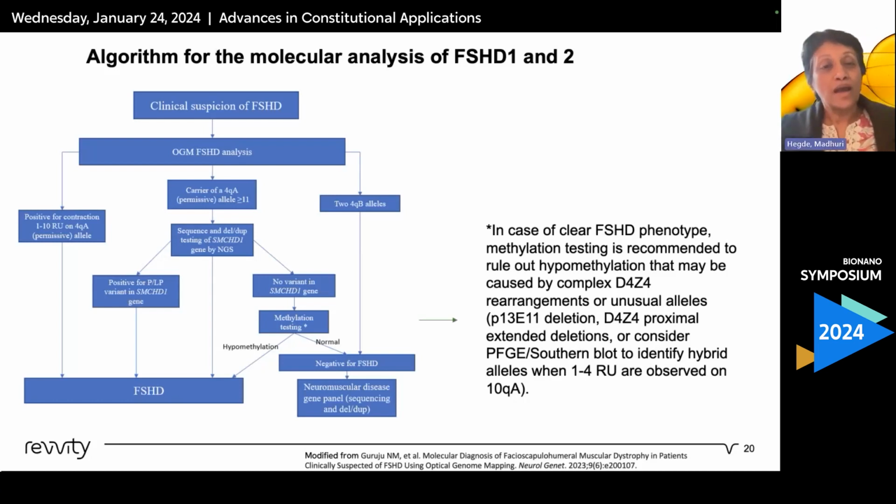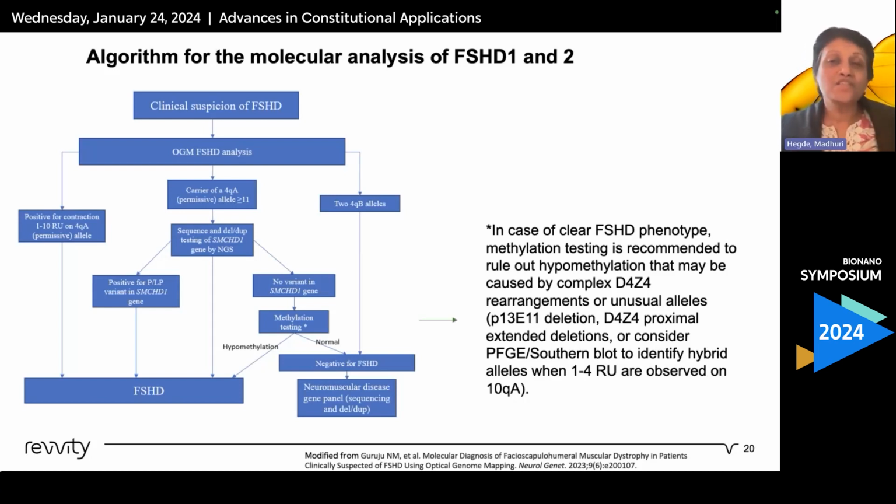Then if you have no variant in that gene, then methylation testing becomes important. Now, if there are 2 4QB alleles, and it's not positive for contraction, then it is negative for FSHD, and a neuromuscular disease gene sequencing panel can be recommended after OGM has been finished.